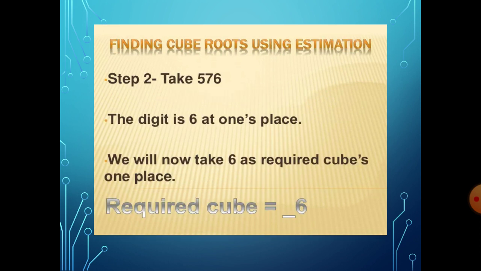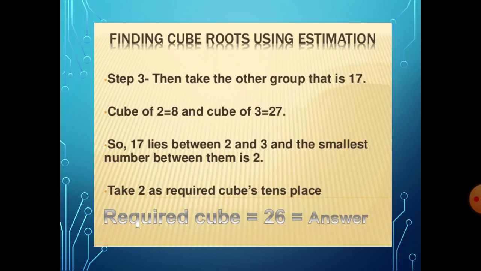First we will take 576. As you know, the digit 6 at the unit place means the cube root will also have 6 at the unit place. So 6 is again at the unit place of the cube root of the number. Now 17 will decide what number should be in front of 6. For 17 you have to take the nearest cube number.